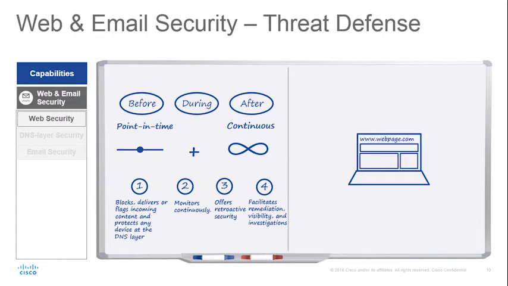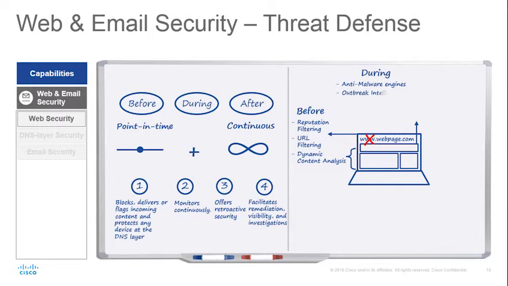Let's see what protection across the attack continuum looks like for web security. Cisco Web Security blocks malware before it can ever come close to your system, with reputation filtering, URL filtering, and dynamic content analysis. Next, protect during an attack. Two signature-based anti-malware engines run in parallel for increased protection against attacks.